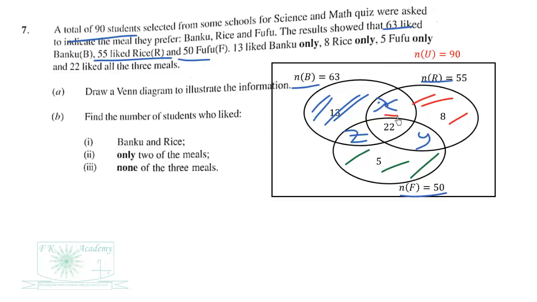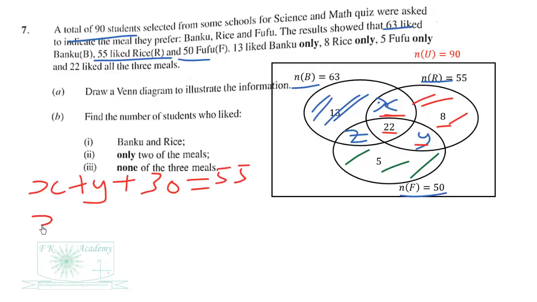Okay, when we take the set for rice, we can add x, y, 22, and 8. So that will give us x plus y plus 8 plus 22, that will be 30, is equal to 55. So x plus y will be 55 minus 30, and that will be equal to 25.